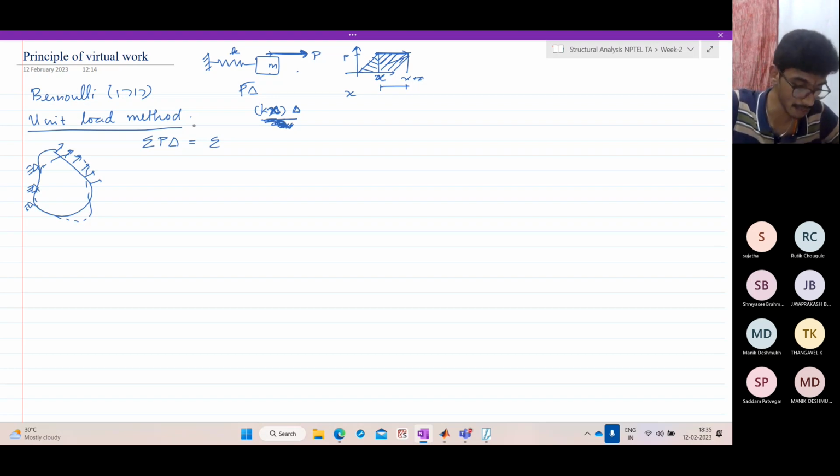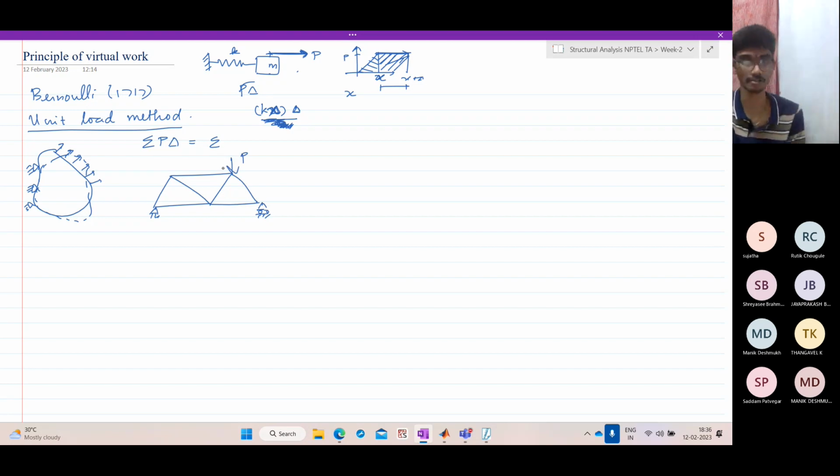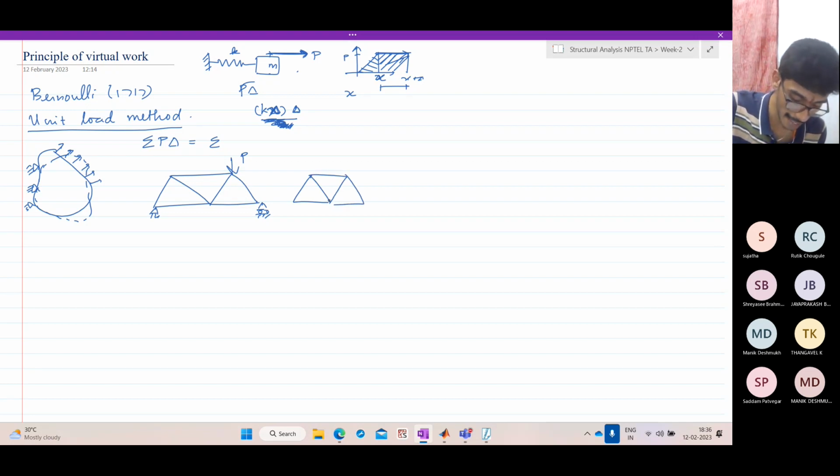Now, where the principle of virtual work comes in is that we assume, for example, consider our trusses. It is always subjected to some real load. We assume that before this real load is applied, there is a virtual load acting on it. It's not a real load. We are imagining some imaginary load acting at some point.